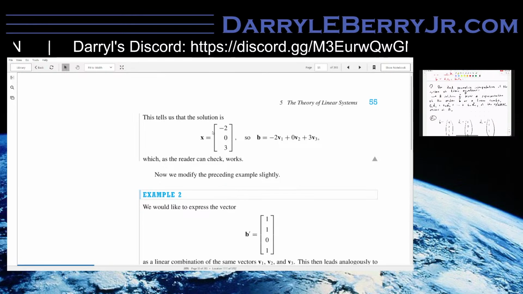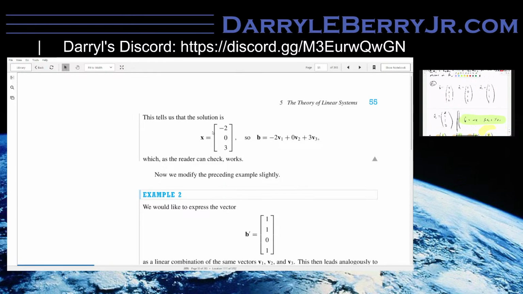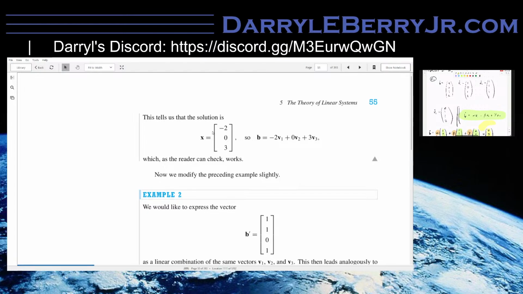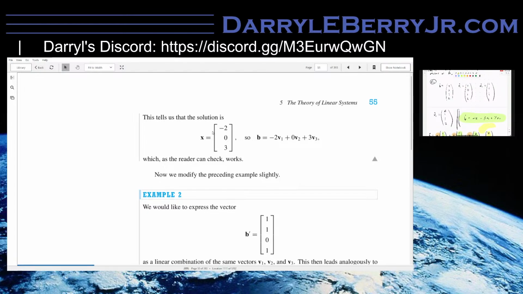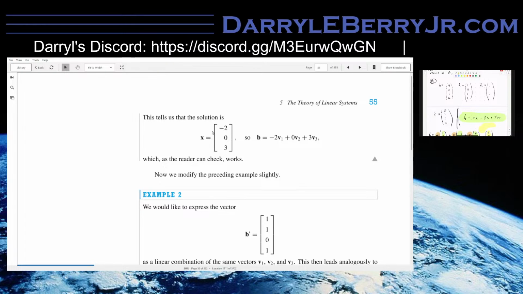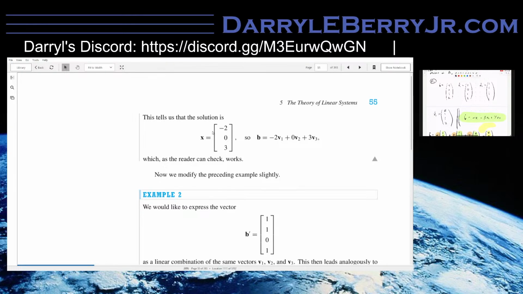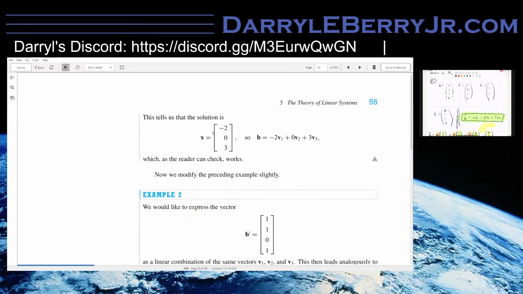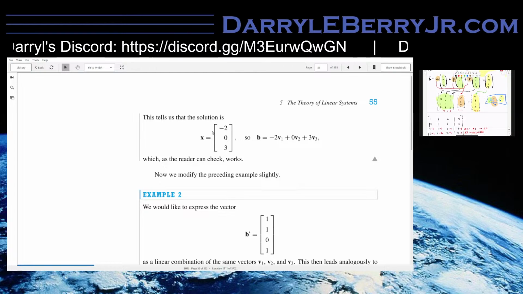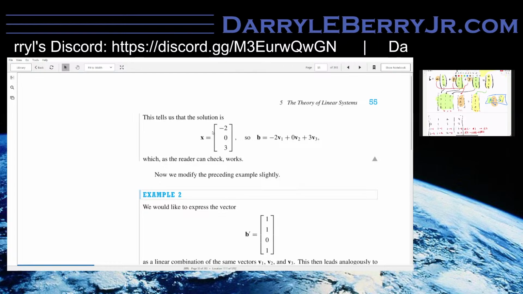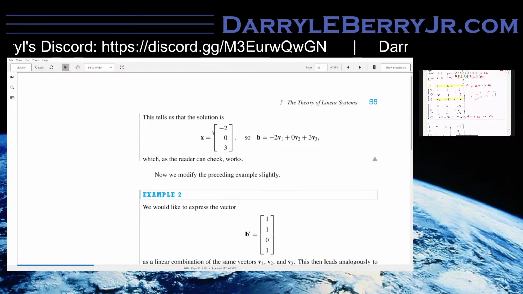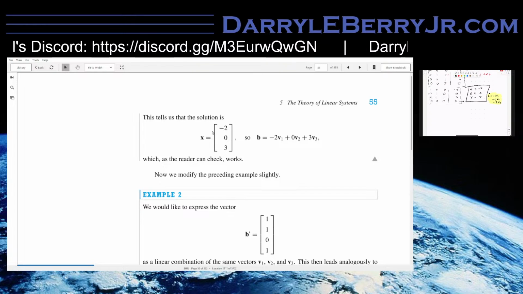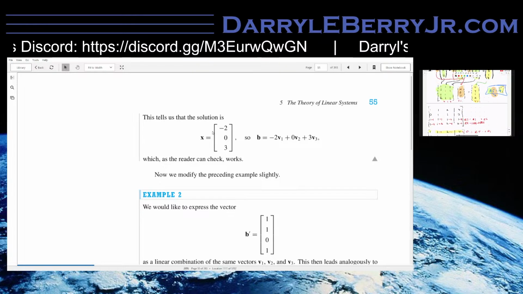I don't know why they call it b. Hold up here. Oh, I see. I gotcha. So b is the final vector, but that's what it's going to end up being when we get the proper coefficients for v.